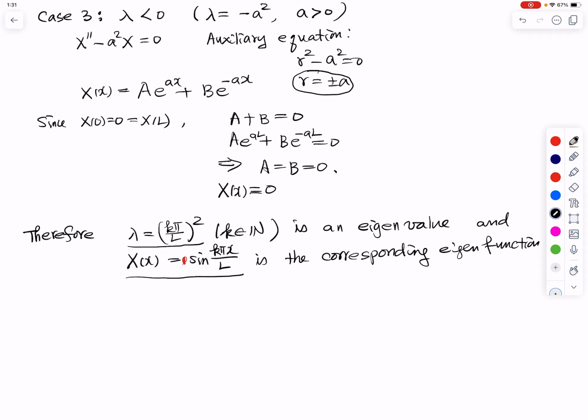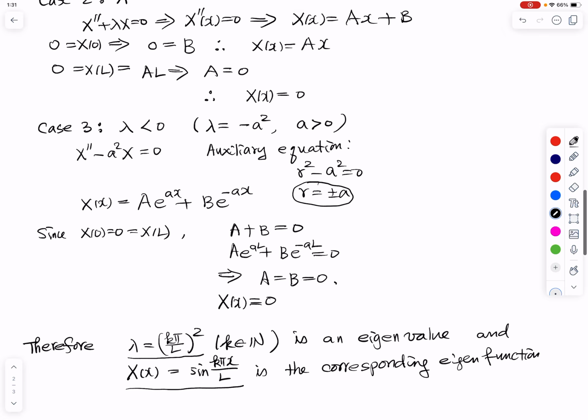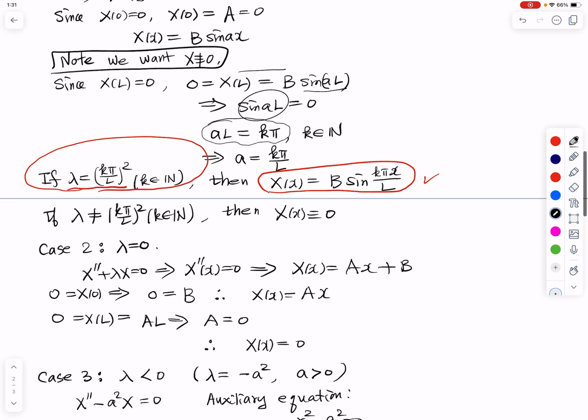This will be used a lot. You already saw in my previous lecture that we used the solution of this to find the solution of the heat equation, right?